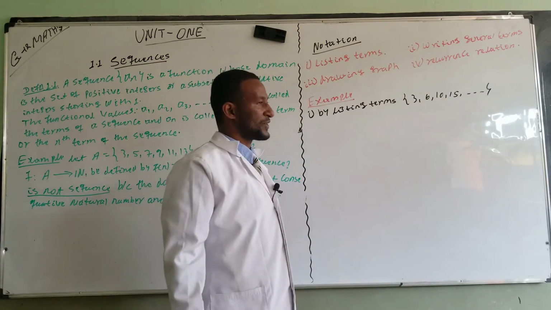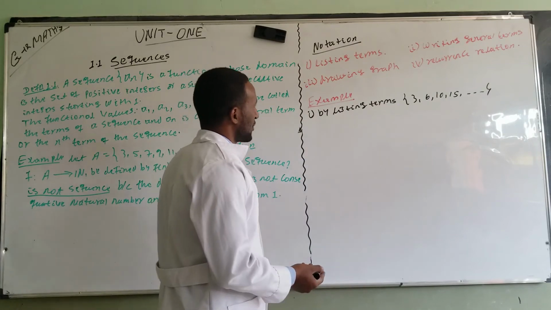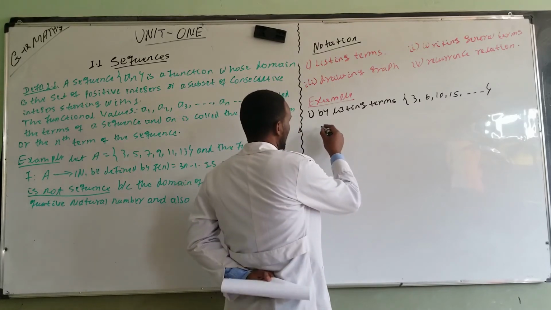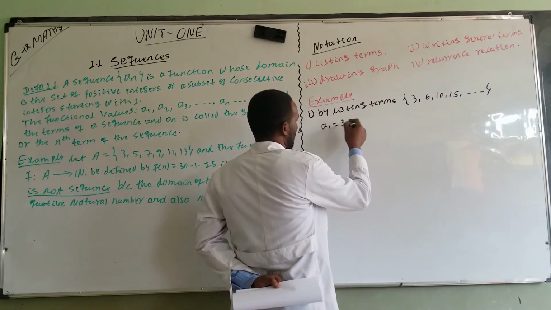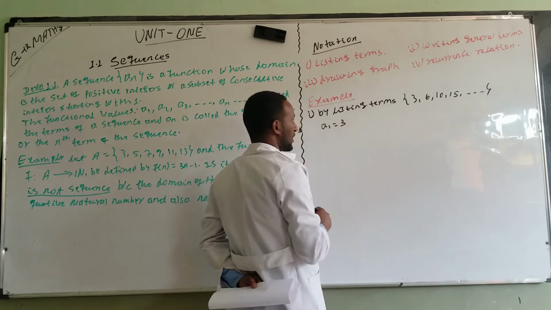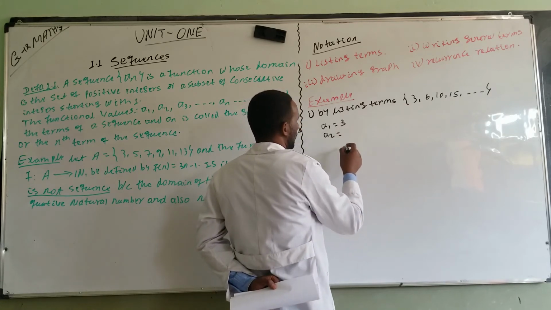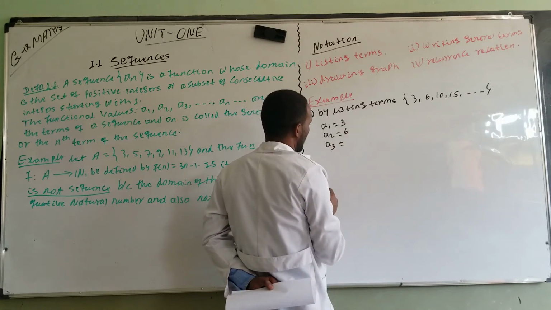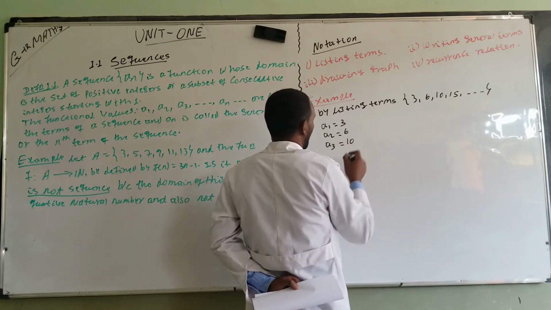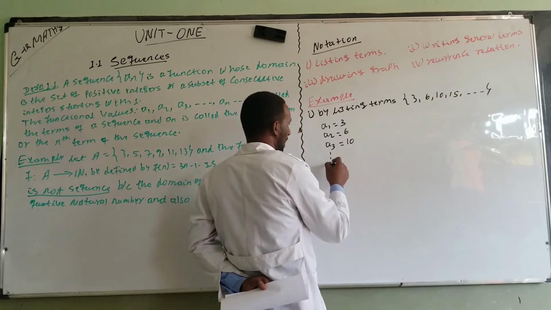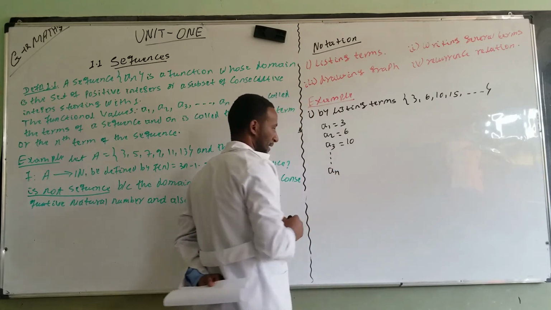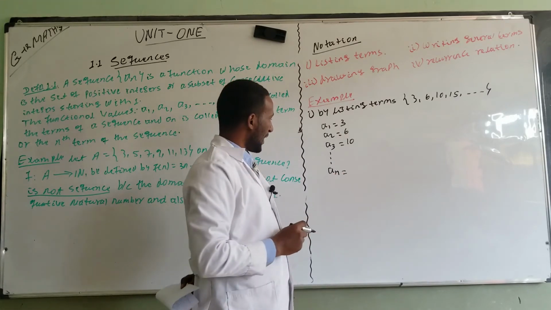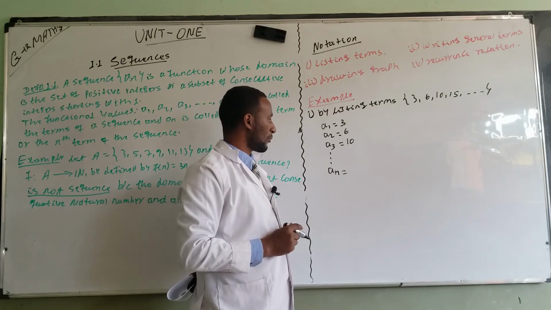This is given by listing terms. Then we can find the general term of this sequence. Let us take A1 equal to 3, as given in the listing terms. A2 is equal to 6, A3 is equal to 10. Then we have to find A_n, the general formula.